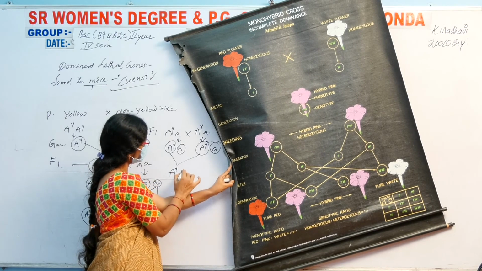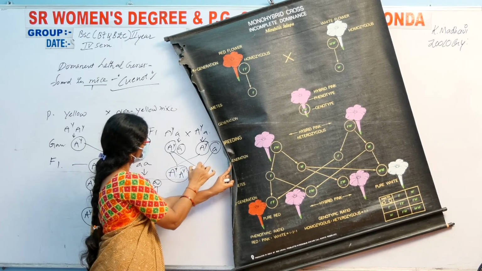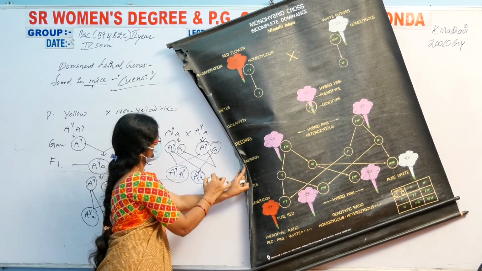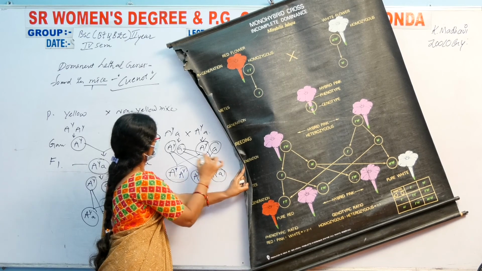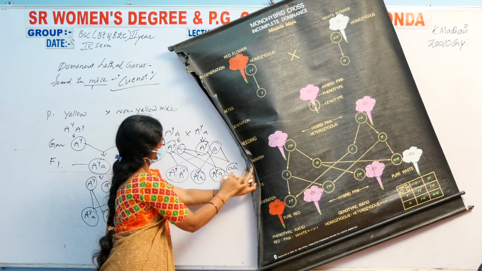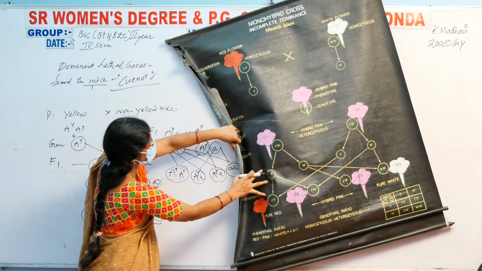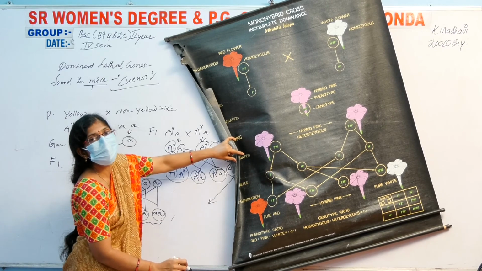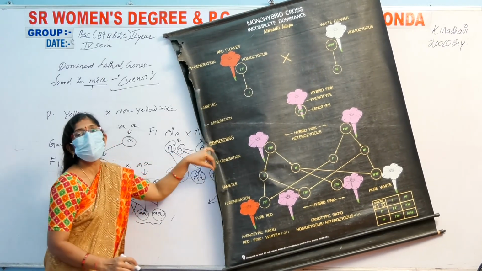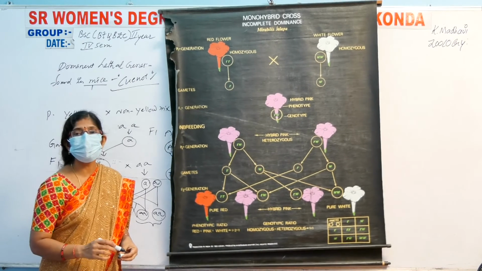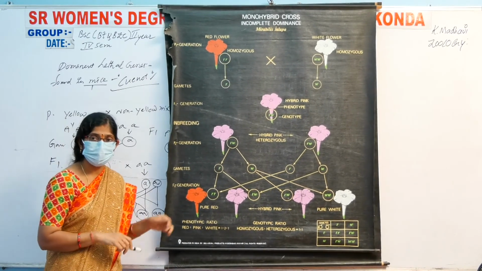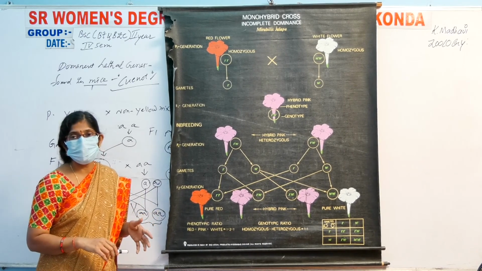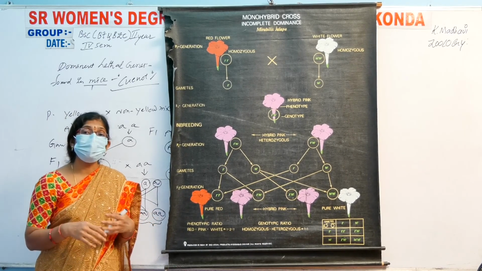Here the homozygous recessive mouse appears. It can't survive. Prenatal or postnatal deaths occur during embryo development, as observed by the scientists.